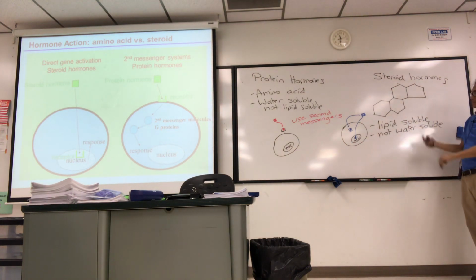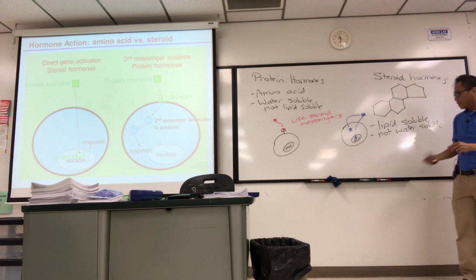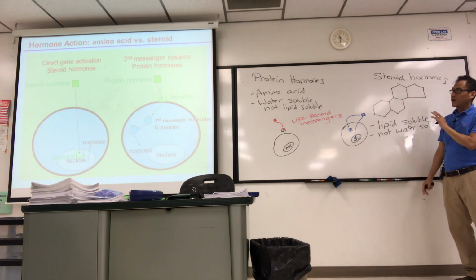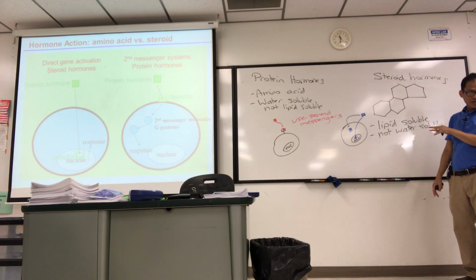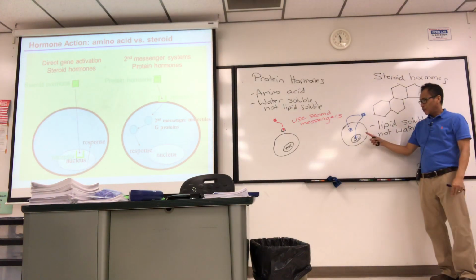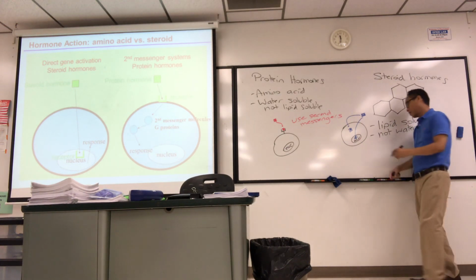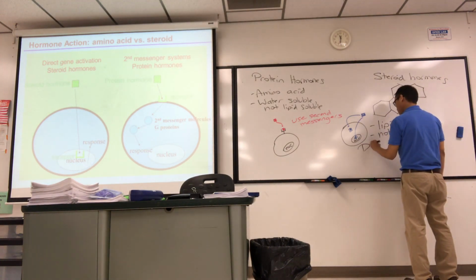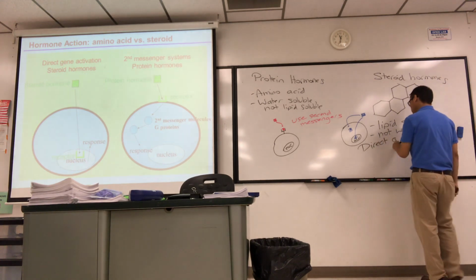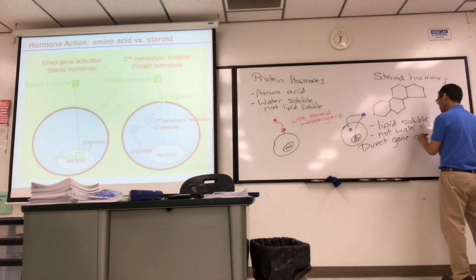Because it's lipid soluble, it just goes right through and binds its receptor intracellularly. The thing about steroid hormones is they call it direct gene activation, because the hormone receptor complex turns genes on. Okay. Direct gene activation.